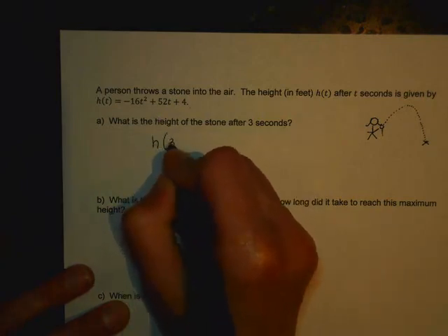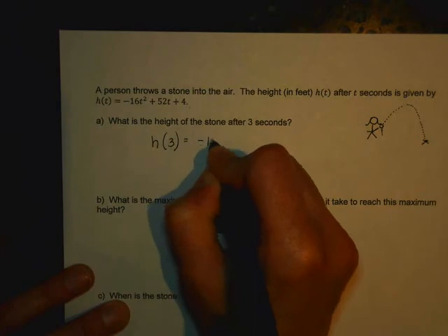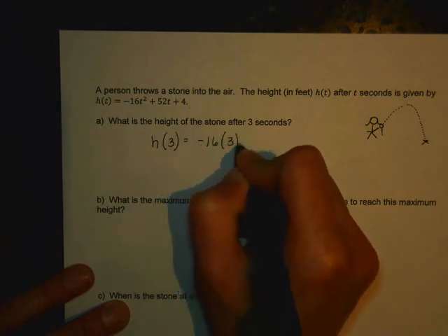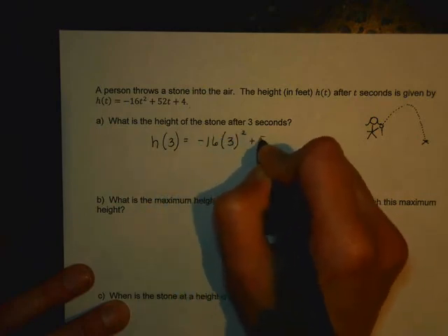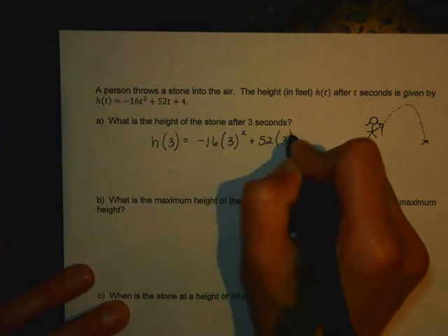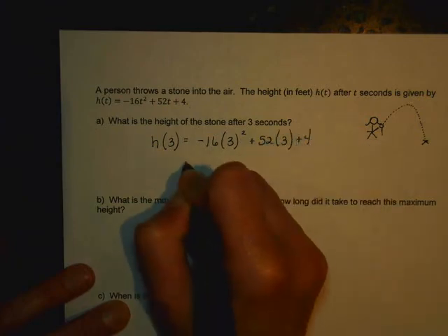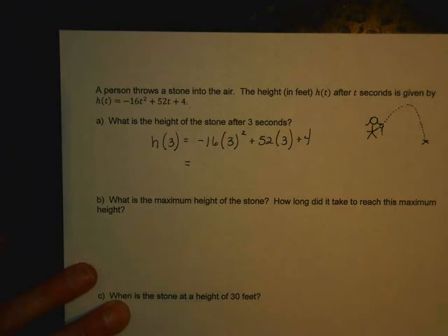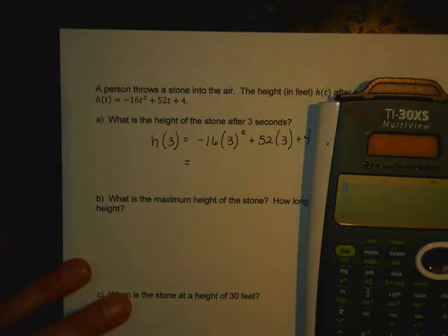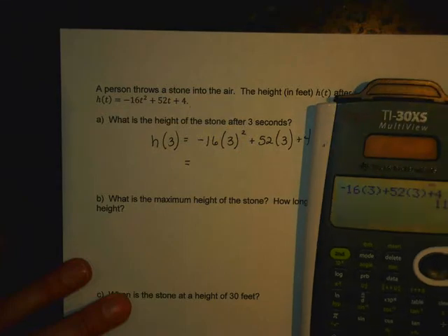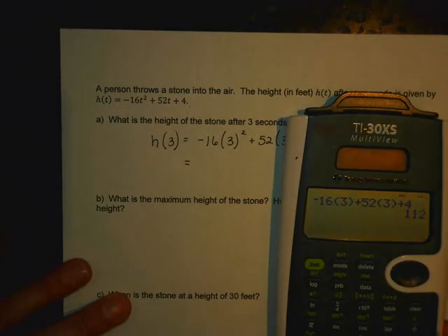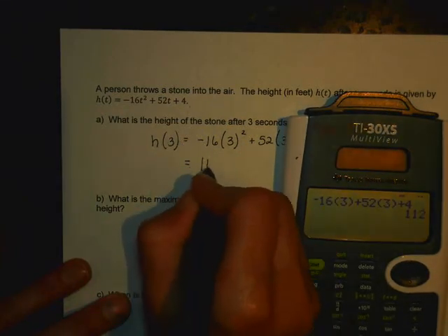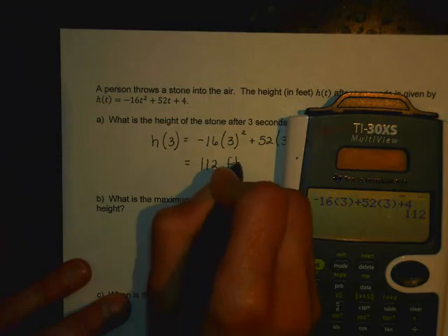So the height after 3 seconds, we're going to pop 3 in for T. We're going to pop the 3 in for T and just pull our calculator out. Plus 52 times 3 plus 4. So it looks like the height is 112 feet in the air.